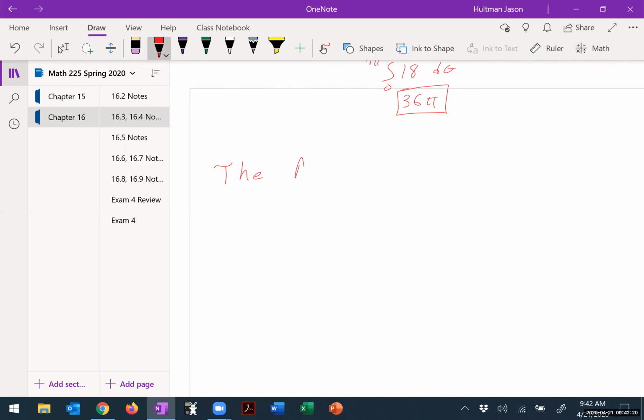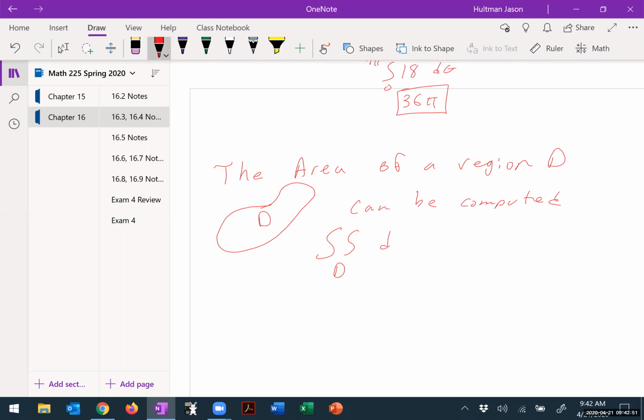The area of a region D, let's think about this for a second. The area of a region D is the double integral of dA, right?